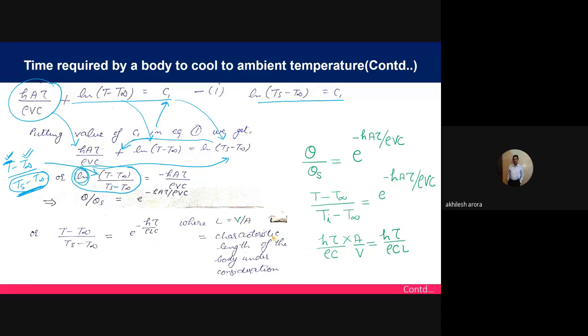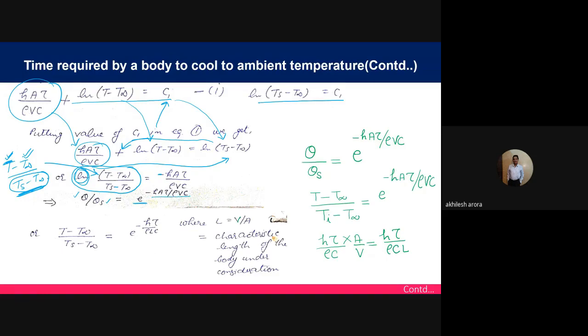Because we have taken this term on the right hand side, we get a negative sign here. And finally, in the numerator it is theta, in the denominator it is theta s, and the value will be equal to, because log is taken on the right hand side, it's a sort of anti-log, so the right side becomes e raised to power minus hA tau over rho VC.